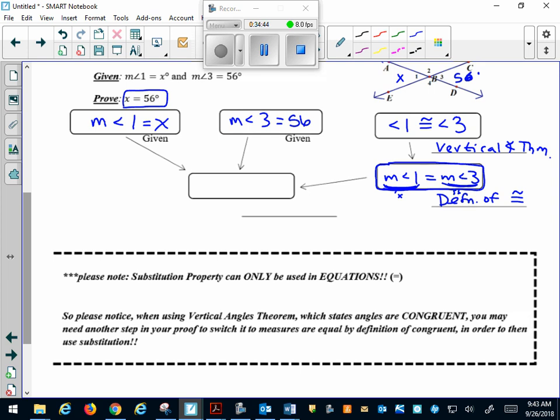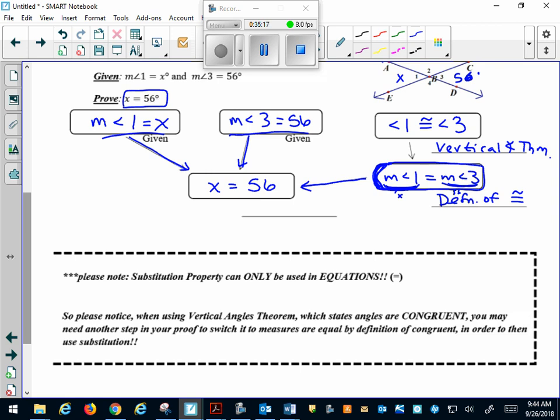So x equals 56. But notice there's 3 arrows coming here because I needed all of this information to be able to make that statement. I needed this equation to substitute into, and I needed these two to know what to replace with what. So they all combined to get x equals 56. What is my reason there? What did I do?